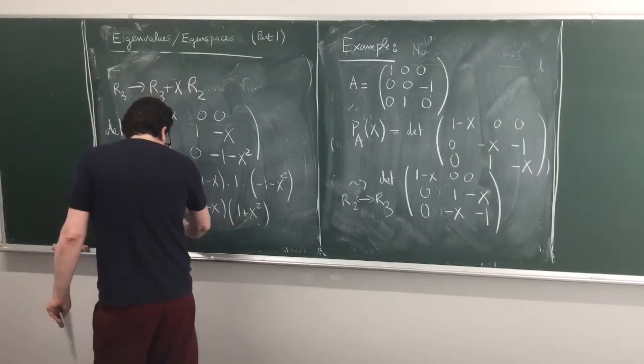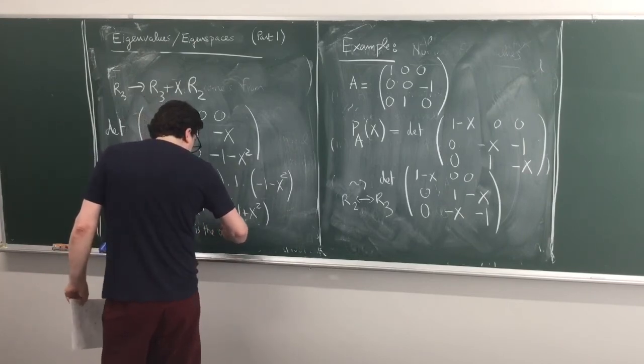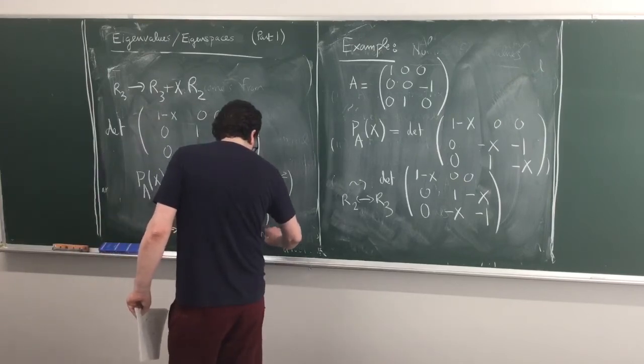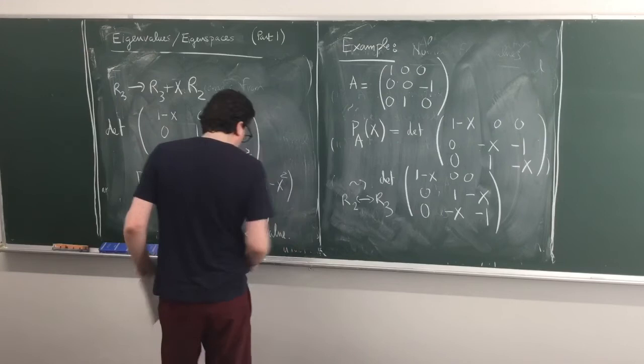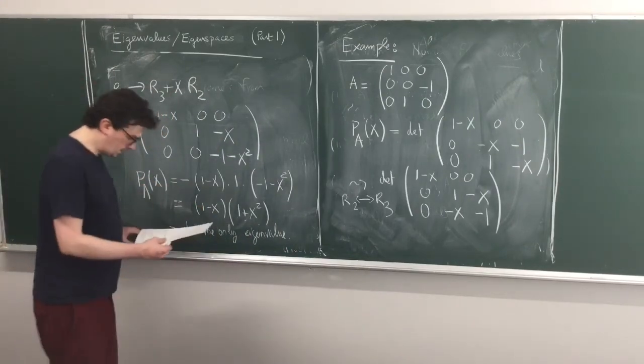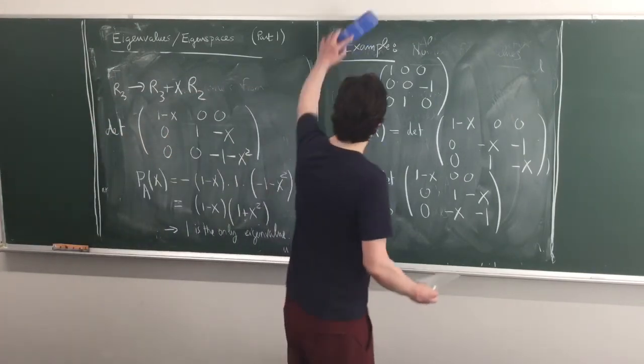And so we deduce that 1 is the only eigenvalue, with algebraic multiplicity 1. All right.